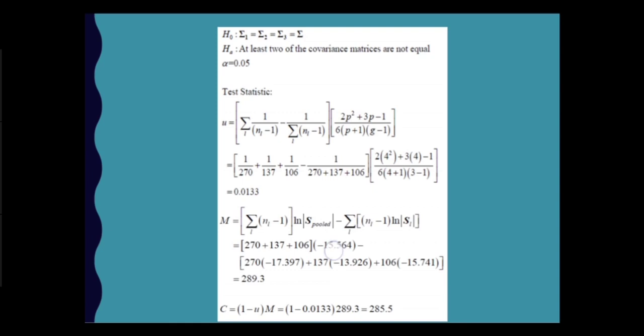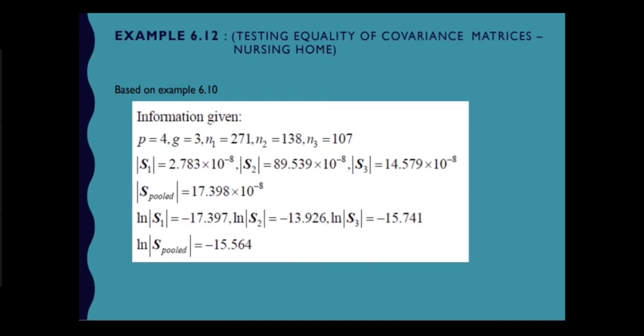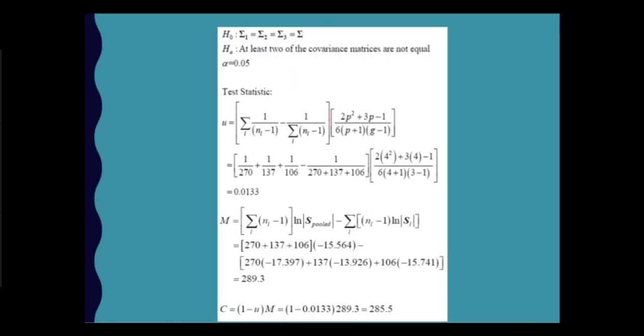Alright, so here you get the ln of S pool minus the summation of N_l minus 1. So for every treatment, you need to calculate the N_l minus 1, multiplied with the ln of the determinant of S_l. We have the variance covariance matrix for each of the populations, so find the ln of the determinant of S_l.